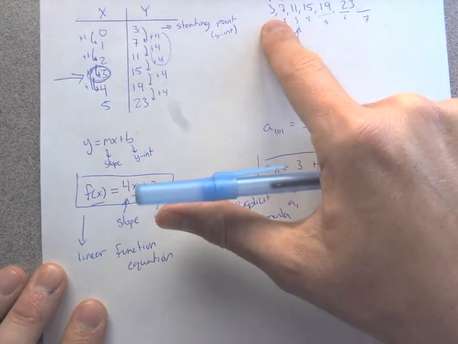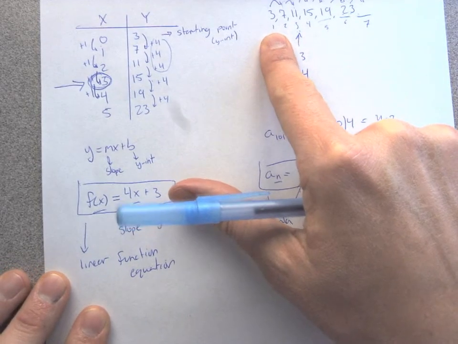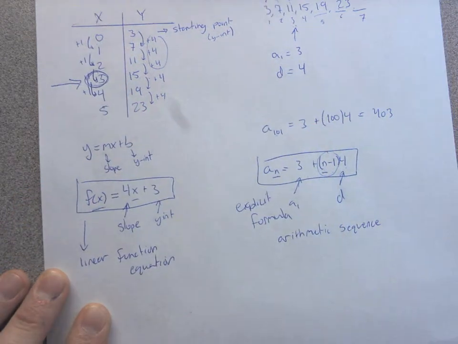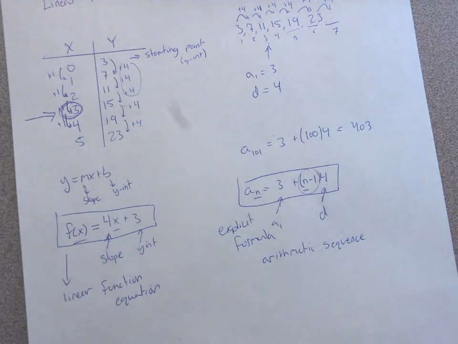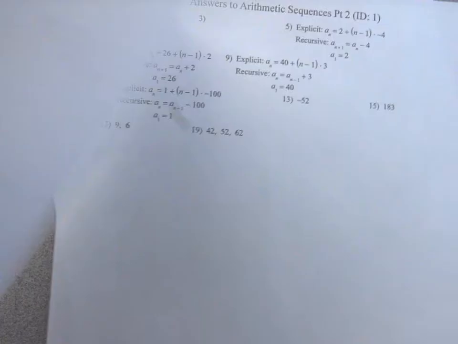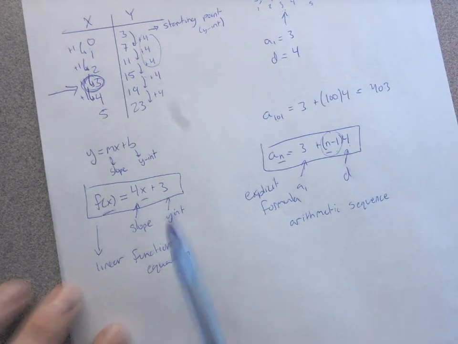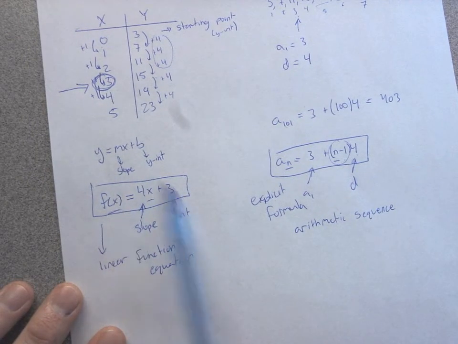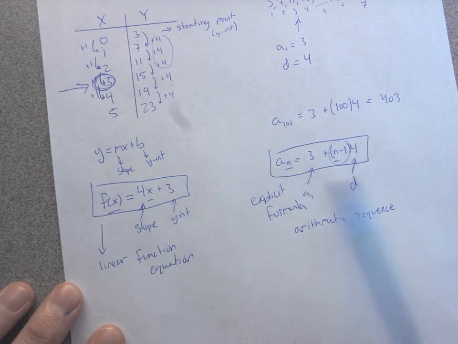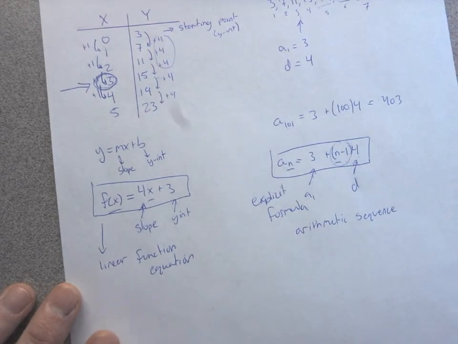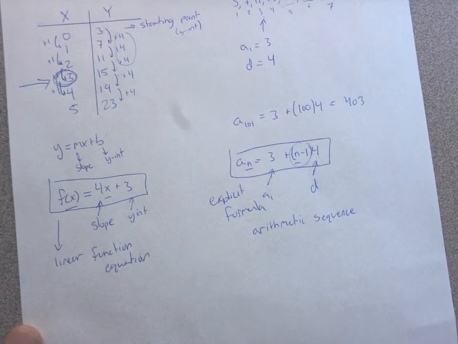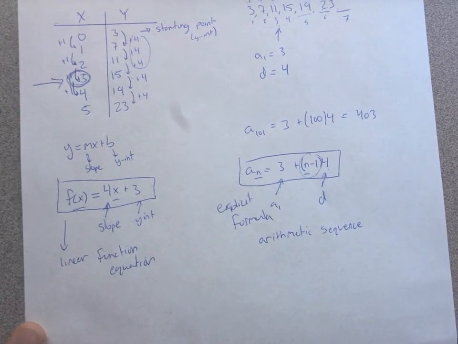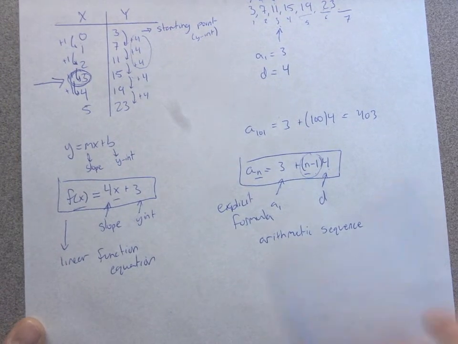And that goes back to sequences starting at position 1 instead of starting at position 0. So that's what's happening with this function equation for a linear function and this explicit formula for an arithmetic sequence. They're very, very similar. The pieces are just in a little bit different spots, the notation's slightly different, and they start at different places.